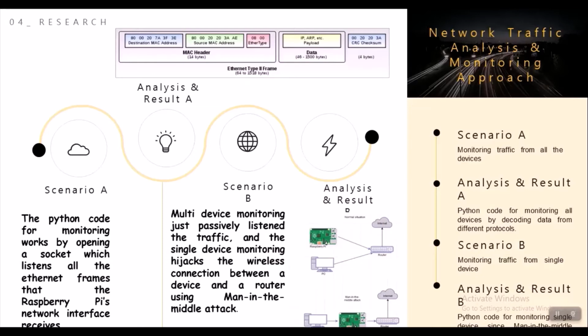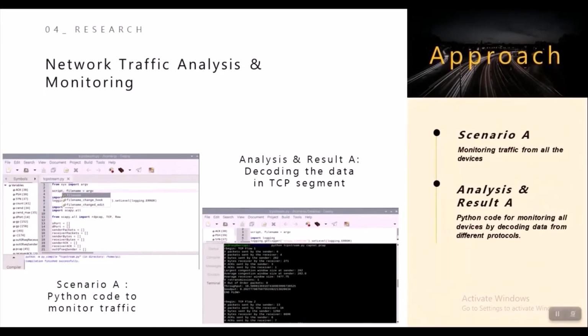For these two scenarios, scenario A has analysis and results about the Ethernet type 2 frame, meaning the Ethernet framework. The scenario B is based on the analysis of the man in the middle attack. So it is the network traffic analysis.